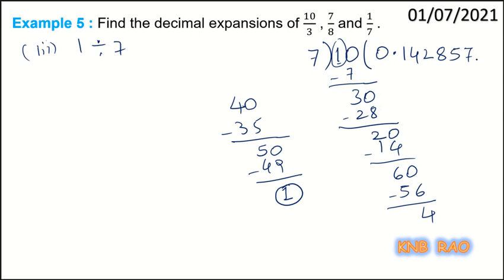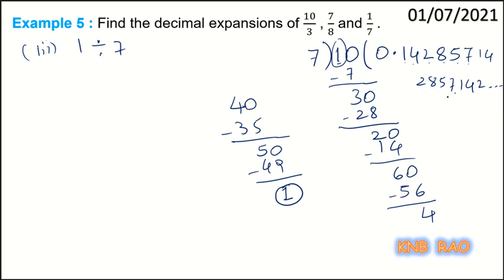So this 1, 4, 2, 8, 5, 7, further again 1, 4, 2, 8, 5, 7 will keep coming.